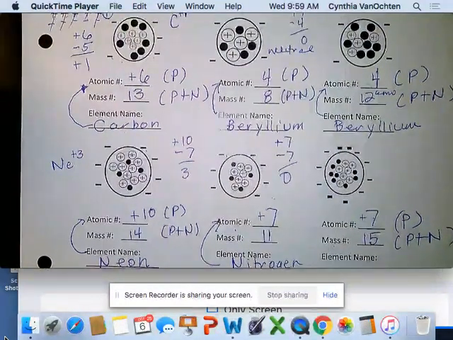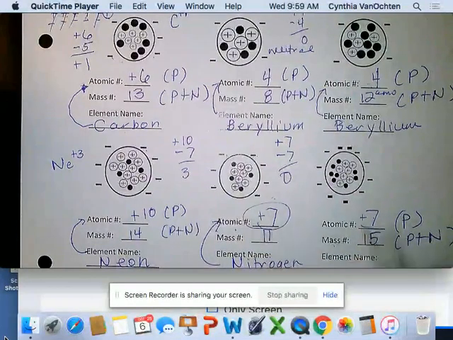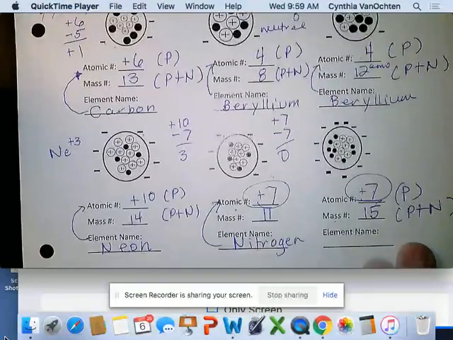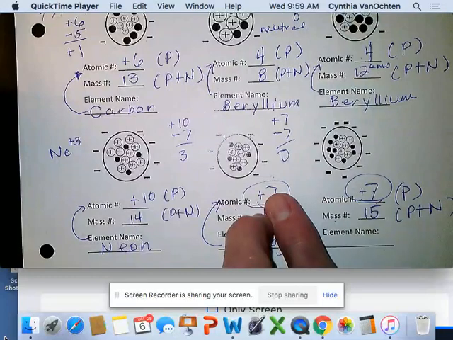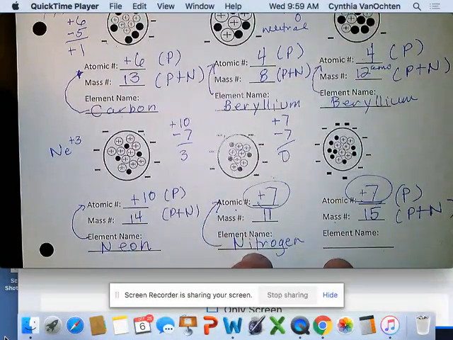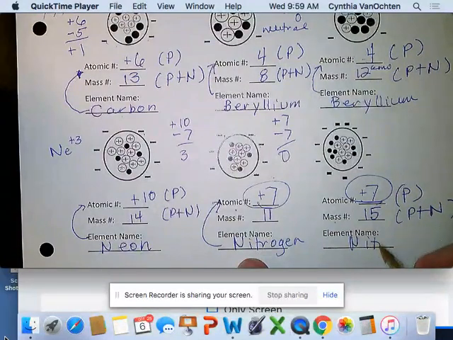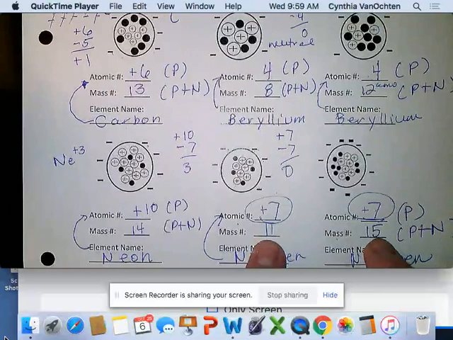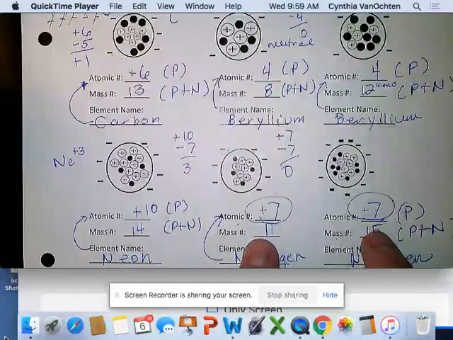And then what's the element name? Remember, you look at this. Okay, look. When it was 7, it was this. So if it's 7, what does it have to be? Yeah, it's got to be the same one, which is nitrogen. And we've just got 2 different isotopes. They have a different number of neutrons.